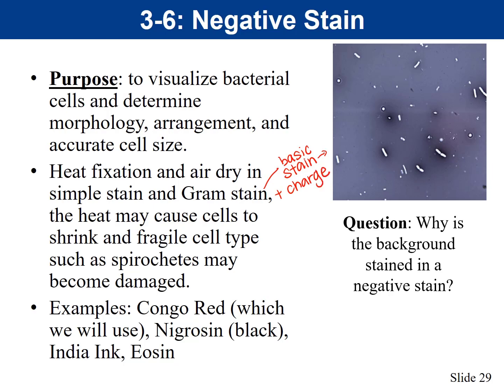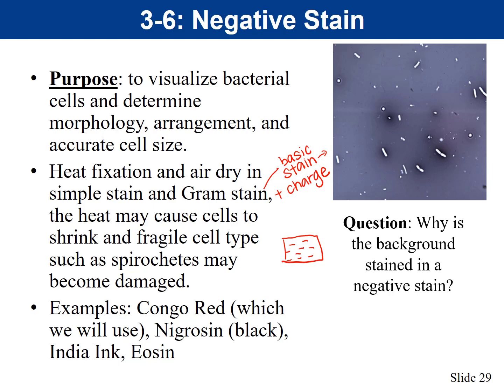Remember when we talked about cells themselves, and we said that cells have what type of charge? The answer is that cells have a negative charge. And so in a simple stain, the stain has a positive charge, and the positive charges are attracted to the negatively charged cell. So when we do a simple stain, we're going to be staining the cell and not the background.